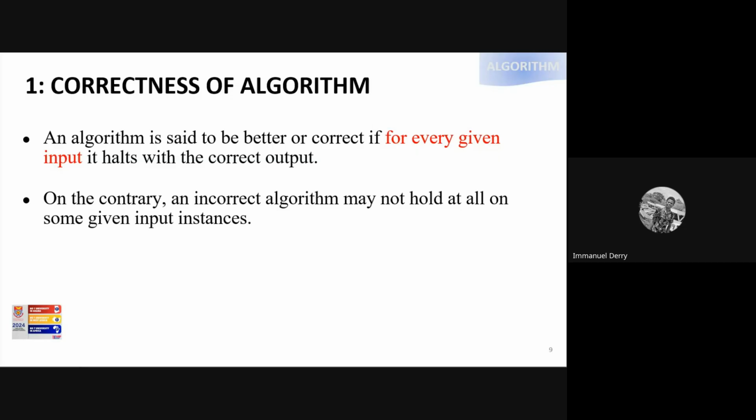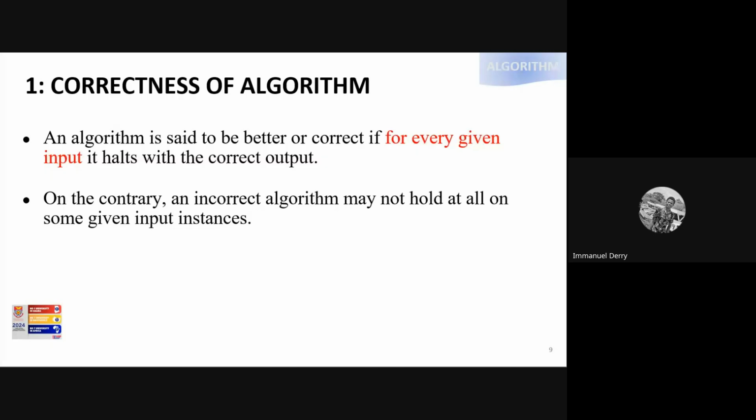But in actual sense, whenever we give input to any algorithm and it halts or terminates and gives us the correct output, then we consider the algorithm correct. However, on the contrary, an incorrect algorithm may not halt on all or some given input instances.